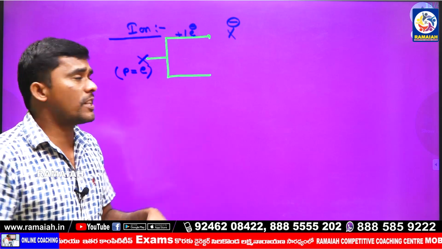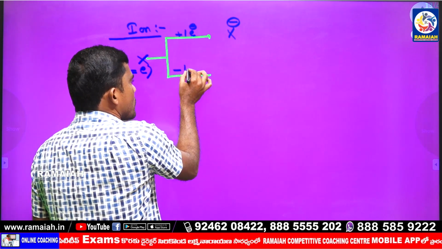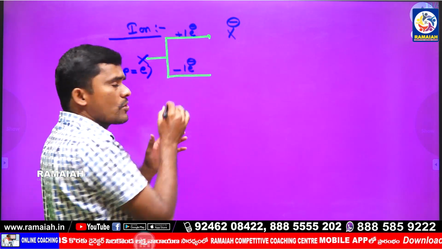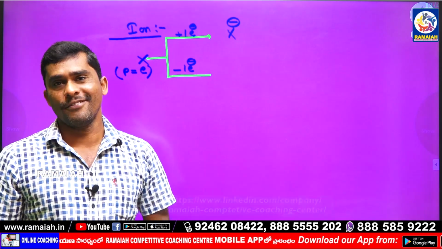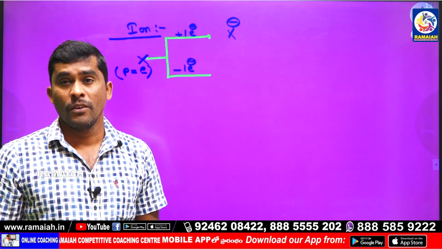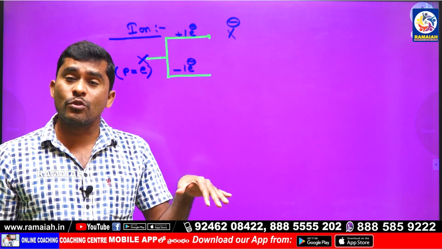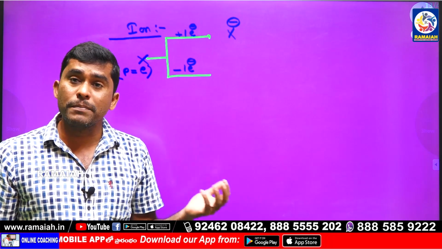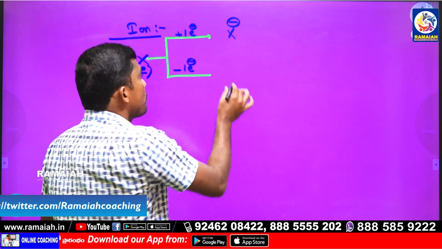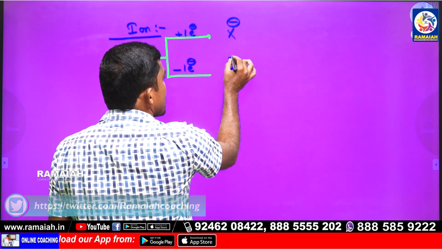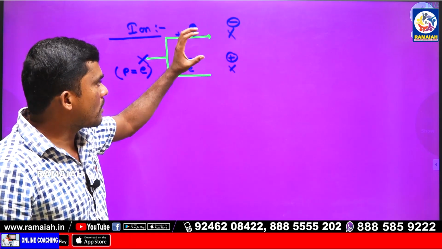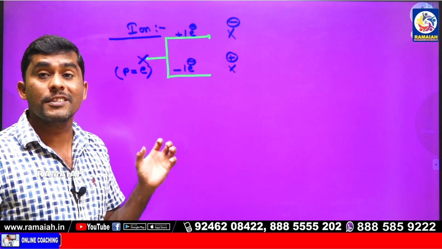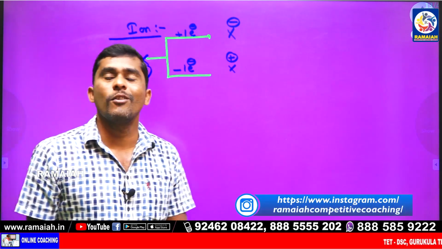When it loses one electron, the number of protons is more than the number of electrons. So protons are more than electrons, so it will get a positive charge. These negative or positive charged species are known as ions.